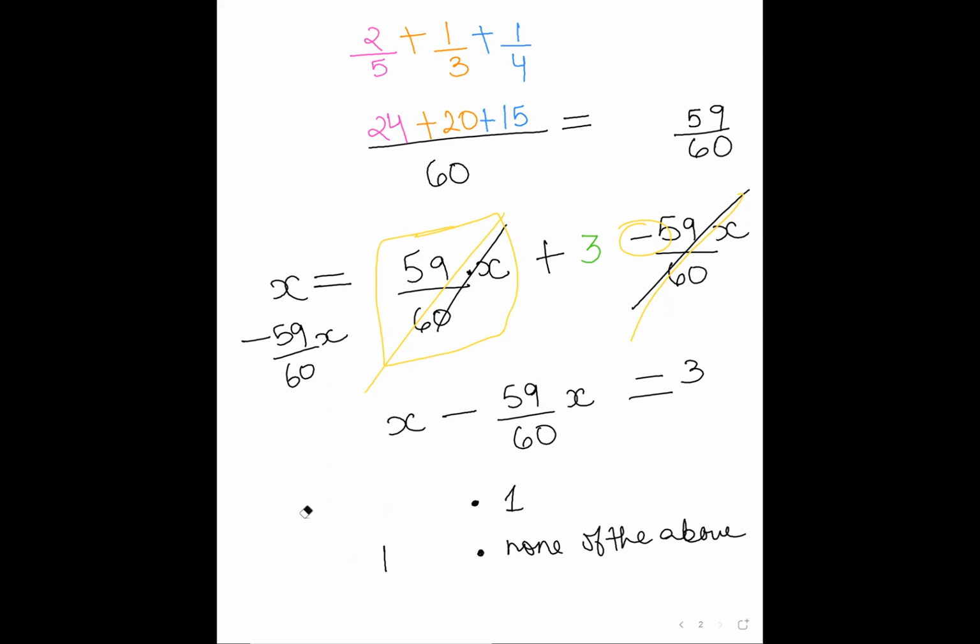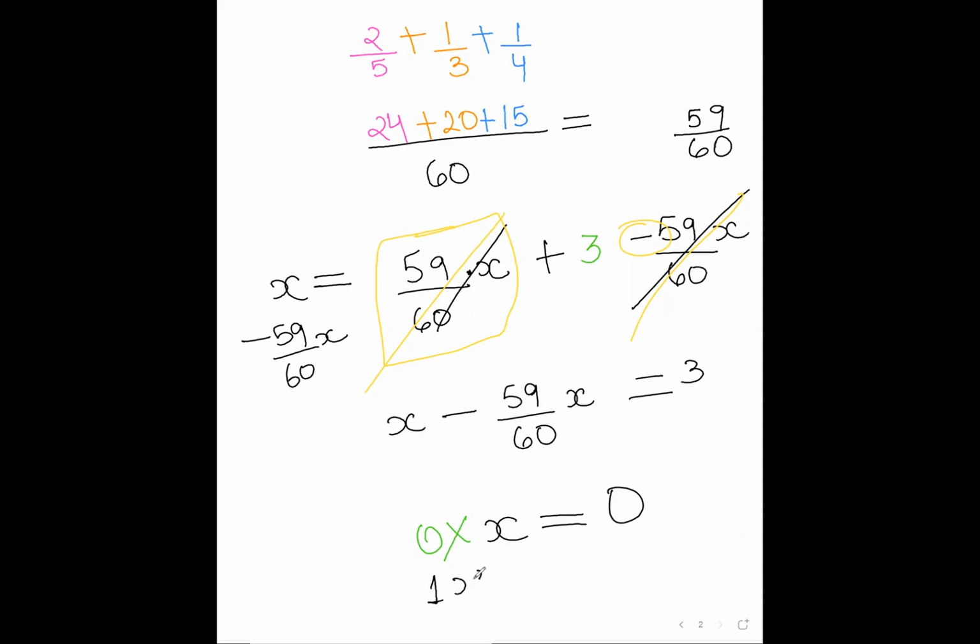How? Because 0 is like nothing. So if you say 0 multiplied by x, what will that give you? 0 multiplied by x will be 0, right? It won't give you x.